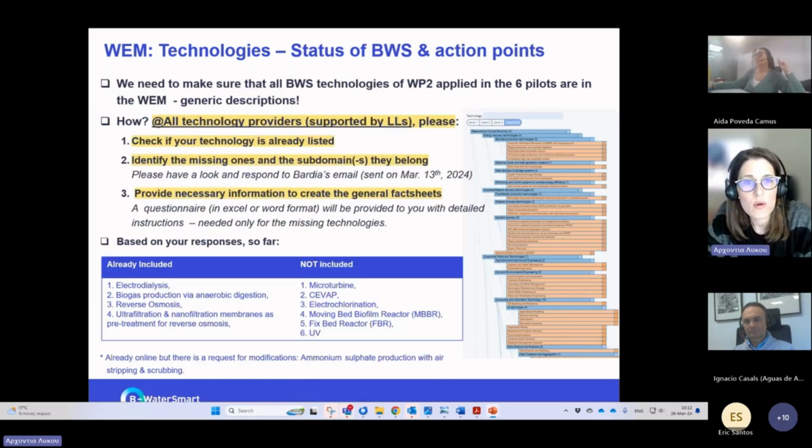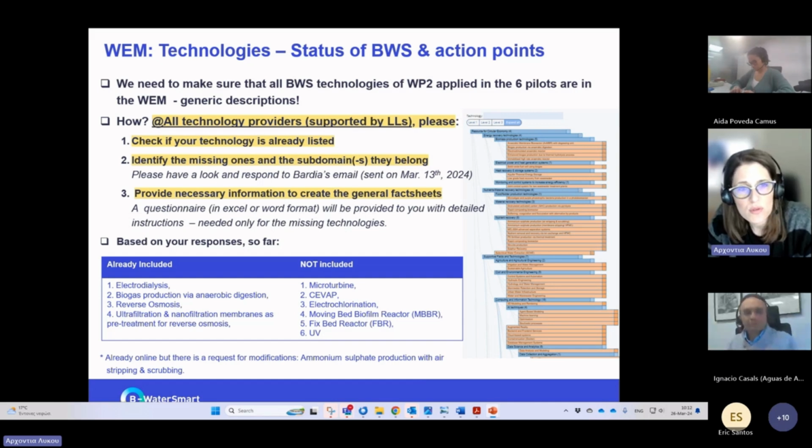Now, we need to make sure that all the B-WaterSmart technologies of Work Package 2 that are applied in the 6 pilots are included in the Water Europe marketplace as generic technologies. What we have started to do, Bardia has already sent an email requesting to identify which are the missing technologies.